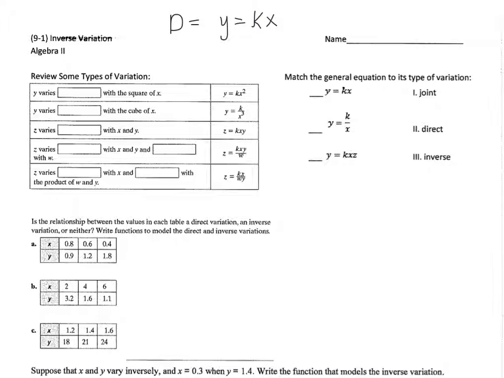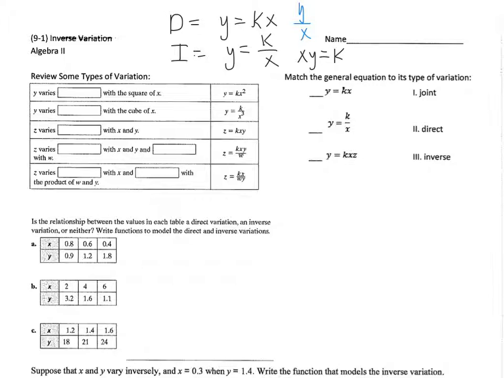In direct variation, to find the k, y divided by x is always constant. And then an inverse variation takes the form of y equals a constant divided by x, or you could also write it as x times y equals k. So to find your k, you're going to multiply the x and the y.